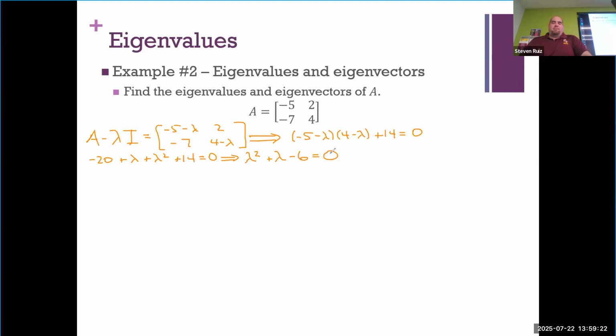I think so. All right, so I should have lambda equals -3 and 2, right?